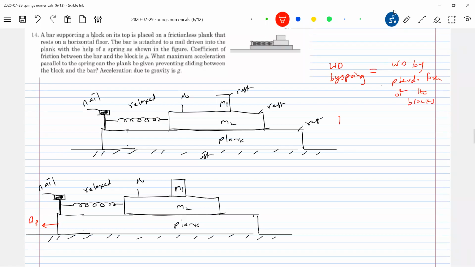Work done by the spring is kxm square by 2. Pseudo force alone, what will happen? It's going to pull them, no? Because the spring will become internal. The pseudo force will be acting on that. So the work done by the pseudo force is (m1 plus m2) a naught into xm. Keep in mind we are writing in the plank frame.